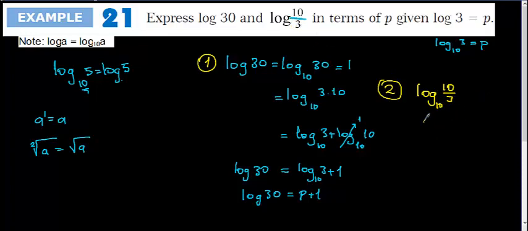So logarithm base 10 of 10 minus logarithm base 10 of 3. We know the first expression is equal to 1, so it's going to be 1 minus, and this one is equal to p. So one of them is p plus 1, the other one is 1 minus p.